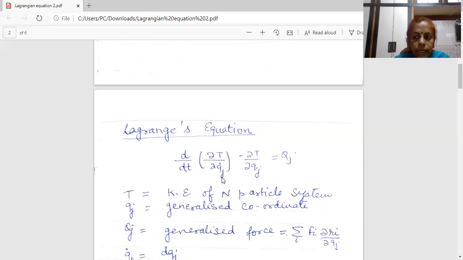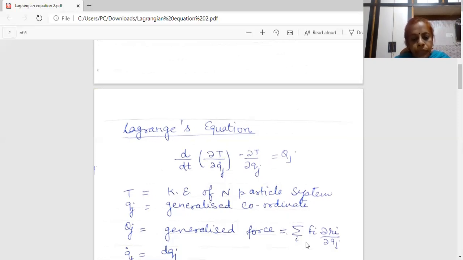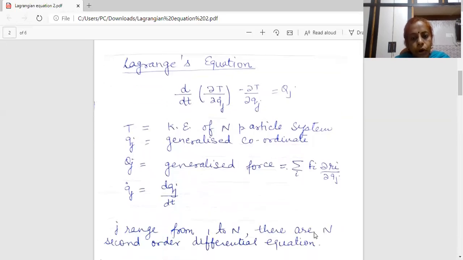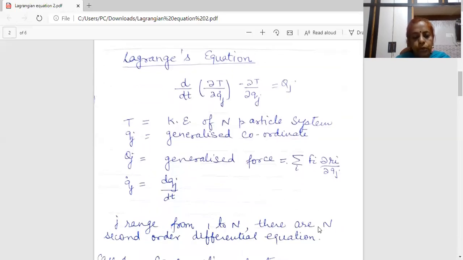These generalized coordinates are independent coordinates, and capital Qj is the generalized force, and this generalized force is summation Fi dot del Ri by del qj. And qj dot is the derivative of generalized coordinate with respect to time. There are n such equations because there are n generalized coordinates, and Lagrangian equations are second order differential equations.